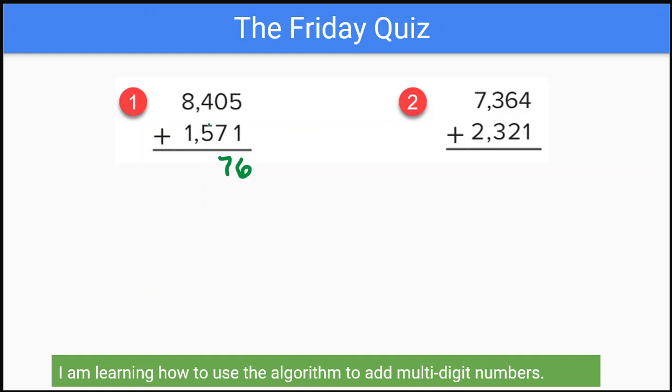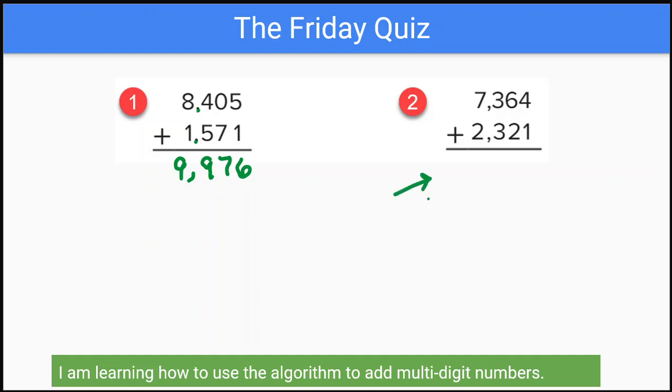We have 400s plus 500s, that's 900s. Then you have 8,000 plus 1,000, that's 9,000. Look at how the commas line up, comma, comma, comma. We keep our commas lined up also. Kids, the sum is 9,976.